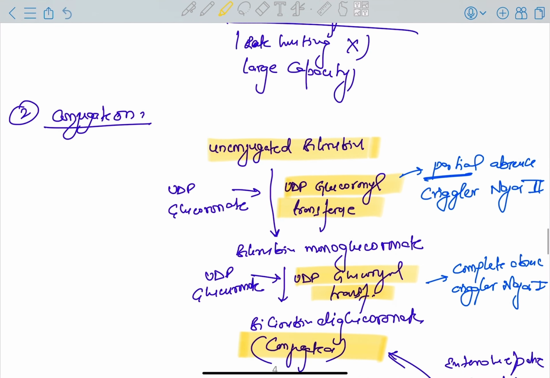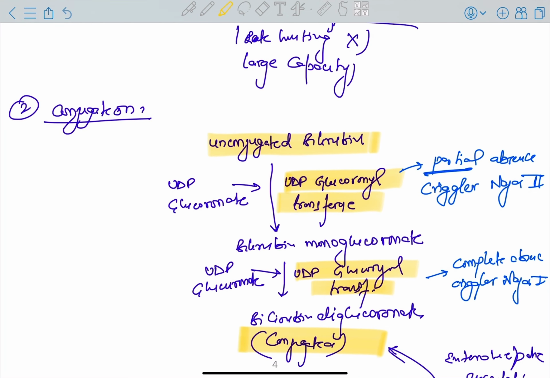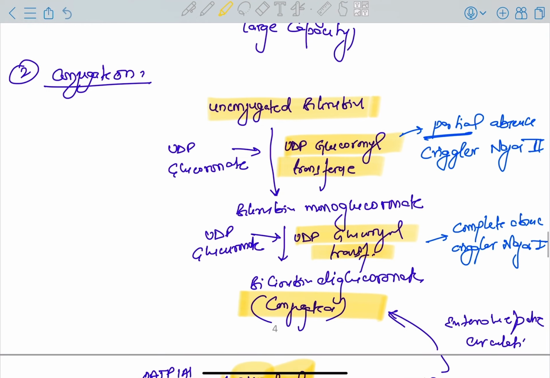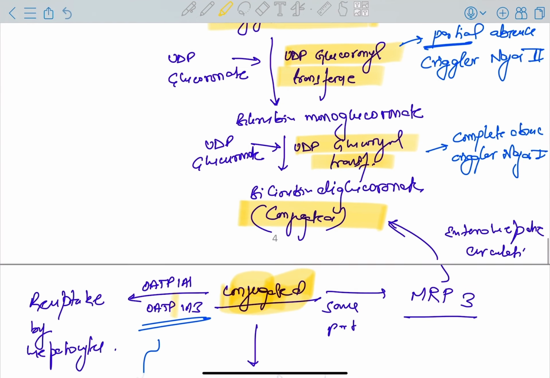Second is the conjugation with the help of UDP glucuronide transferase. UDP glucuronate add होता है और bilirubin monoglucuronate बनता है. And then again UDP glucuronide transferase acts, UDP glucuronate लगेगा and bilirubin diglucuronate बनेगा जो कि conjugated bilirubin है.